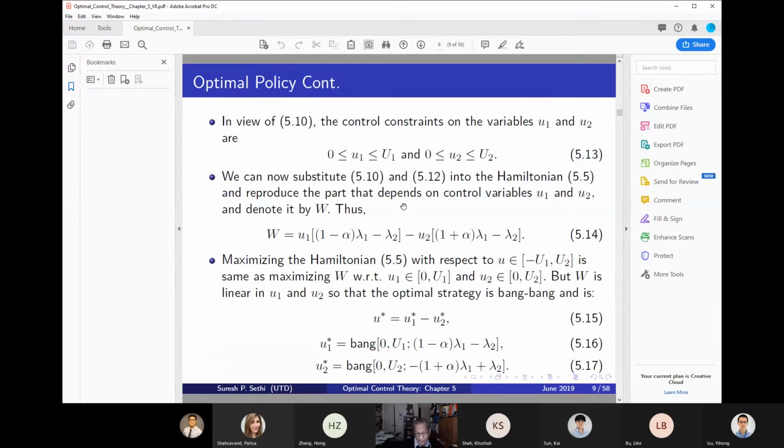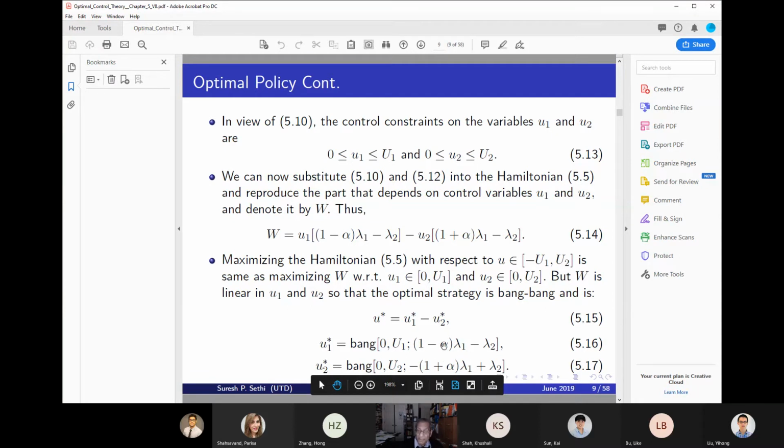So if this is the case, then I sell as much as possible. If this is less than 0, I don't sell. Similarly for the bond, I sell as much as possible if this is bigger than 0. If not, I don't.